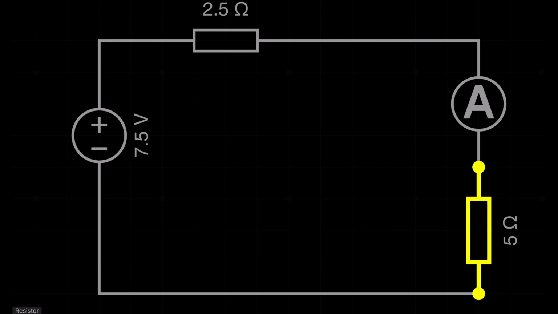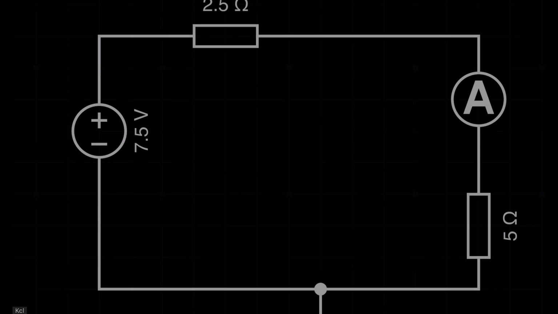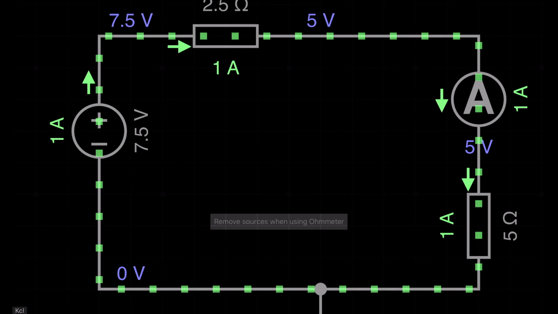As I already told you, Thevenin's theorem states that any linear bilateral circuit can be simplified to a voltage source with a series resistance RTH and the load resistance RL, right? This ammeter will read the load current. So let's simulate this one. Here you can see the ammeter reads 1 ampere of current, right?